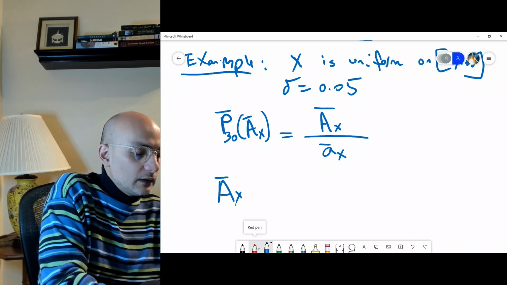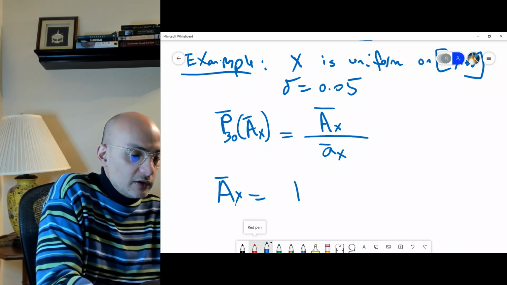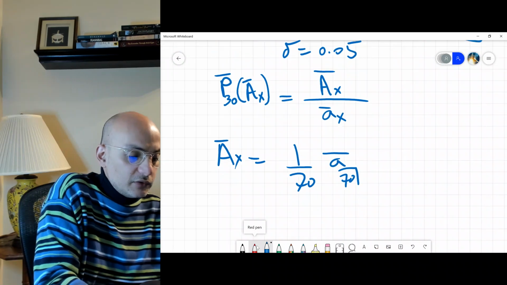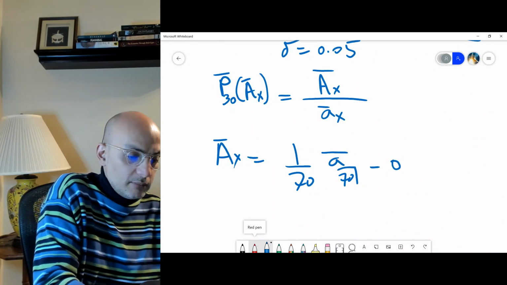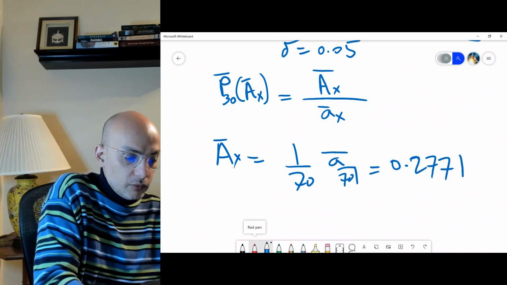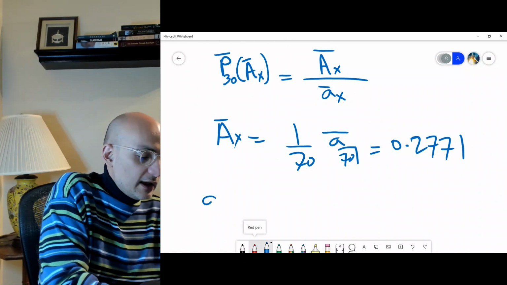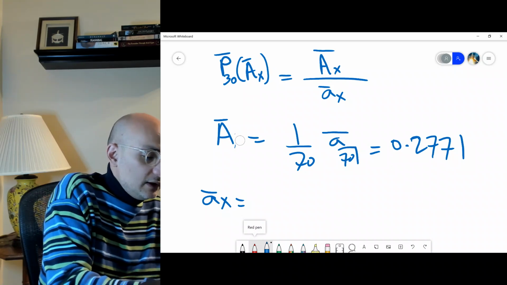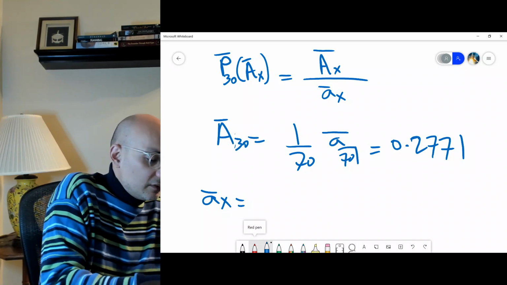A-bar X, because it's a uniform distribution, is 1 over 70 times the integral, and this is the 70, the omega for this one. We already calculated this before, many times. It's 0.2771. And from that you can calculate also the annuity, sorry, here we're dealing with age 30, right? Just to be specific.